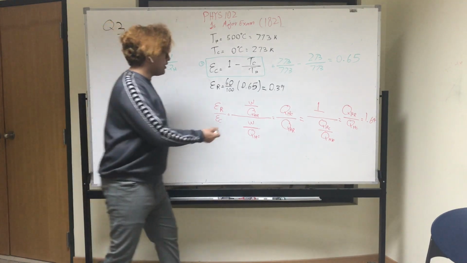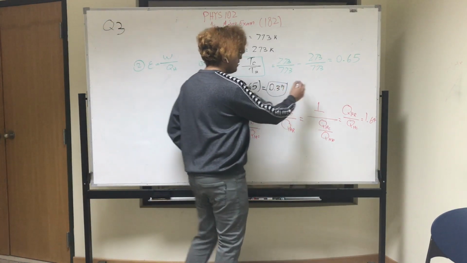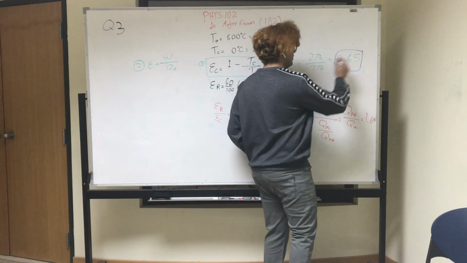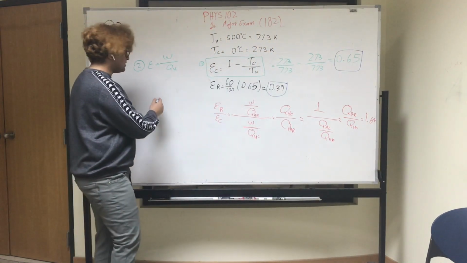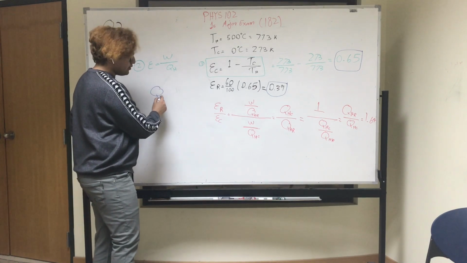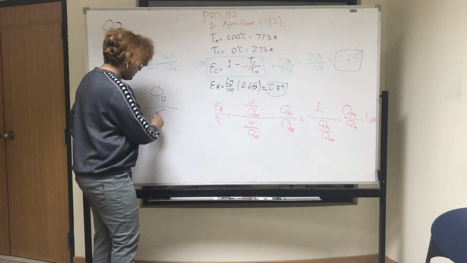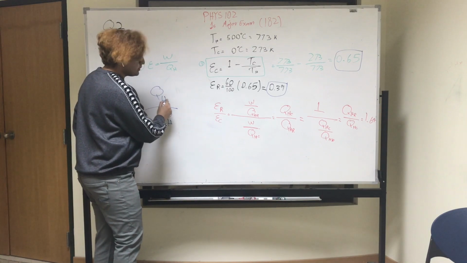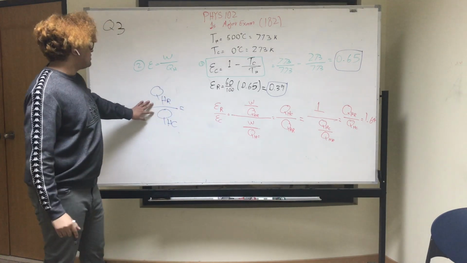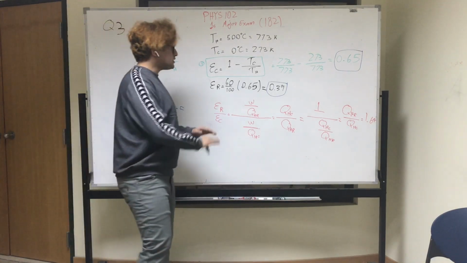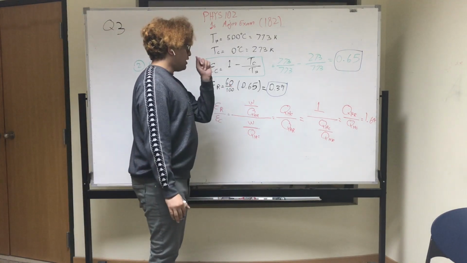So now we have our two values. Once we get here, we can calculate the ratio. In the question it's asking for the ratio between QH of the real engine over the Carnot engine. So how can we get this ratio just from the efficiencies?